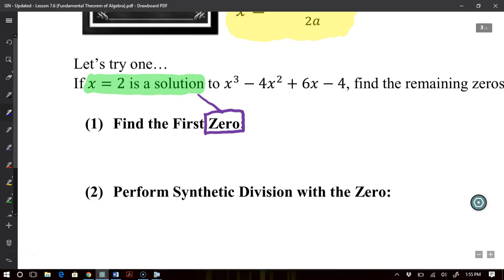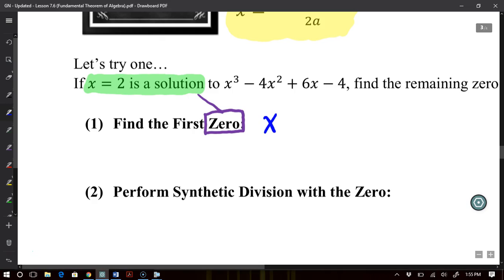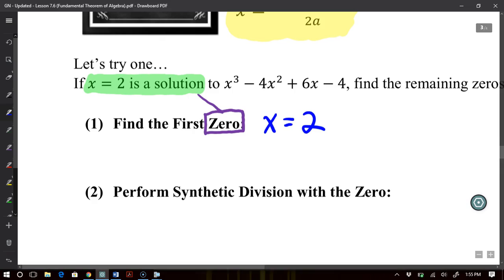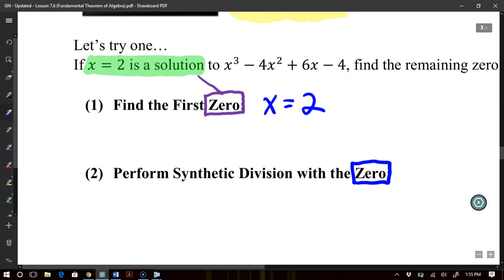If x equals 2 is a solution, which means my first 0 is x equals 2. Find the remaining zeros. Well, that's interesting because in this case, we didn't have to change our sign by solving, and the reason why is because I was given a 0. In the previous pages, you were given factors, and that's the difference between them. If I give you a solution, you always perform synthetic division with a solution, with a 0.